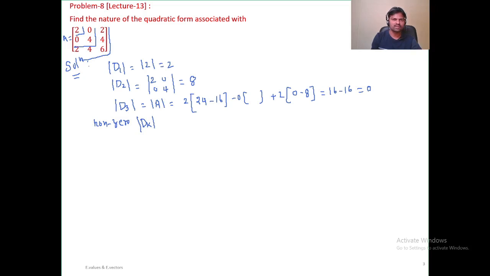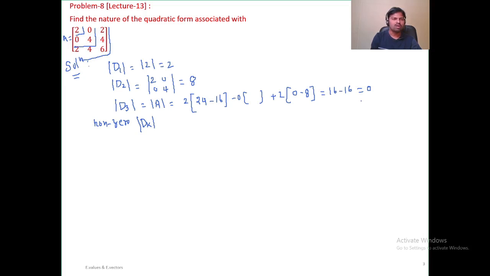This is disturbing actually. If it were positive, then all the leading principal minors would be more than 0 and it would be positive definite. But because D3 is 0, it is disturbing. If it were a non-zero minor that disturbs the pattern, the quadratic form would be indefinite, but I am getting 0. Therefore the first three statements will not work out.